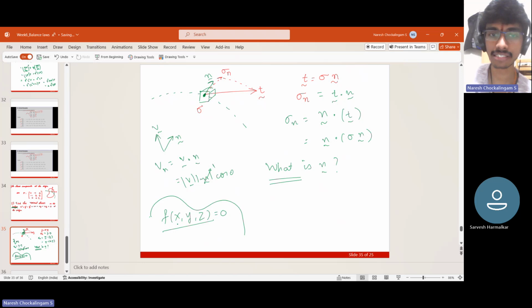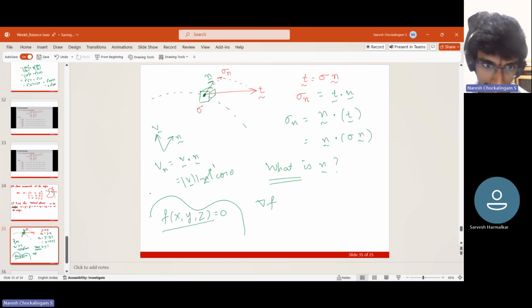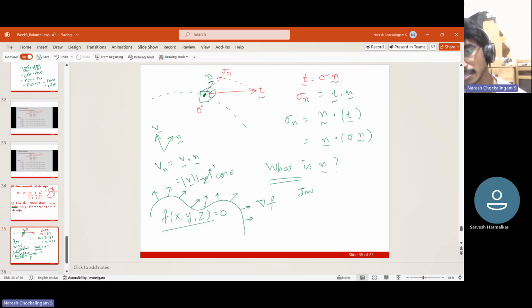Now if you take the gradient of f, that is a vector. The gradient, grad f, is the vector field normal to this surface at every point. You have a three-dimensional surface defined as f of, so implicit equation of a three-dimensional surface.